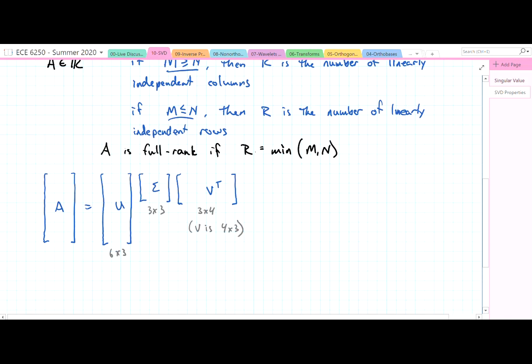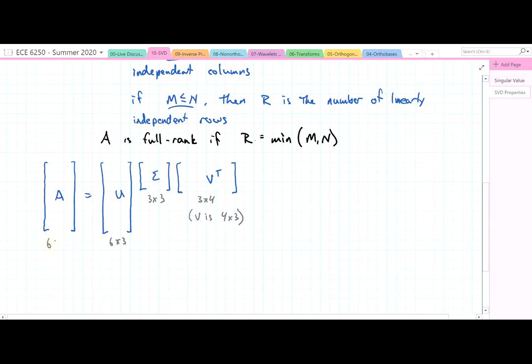As such. And so in this case, we have, this is 6 by 4. Inner dimensions in multiplication cancel out, giving us our 6 by 4 matrix.